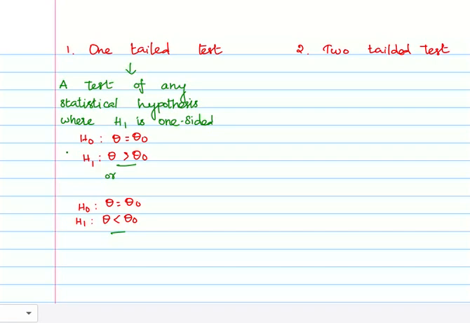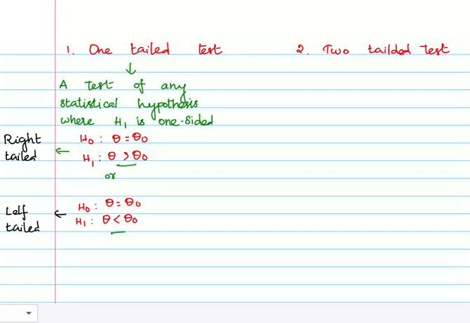Greater than is a right tail test, and less than is a left tail test. So both are one-tail tests, with the subcategories left tail and right tail.